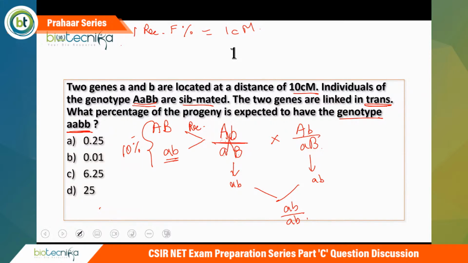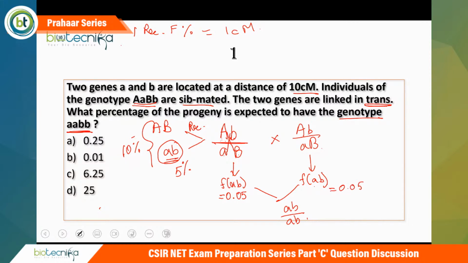So what will be the frequency of small a, small b? It will be half of 10%, that is 5%. So what will be the chance of getting small a, small b? It will be 5%, or in decimal, 0.05. Similarly, the proportion of small a, small b from this parent will also be 0.05.